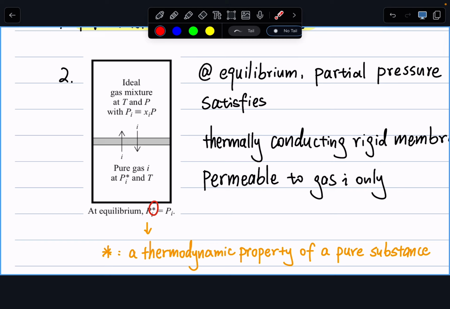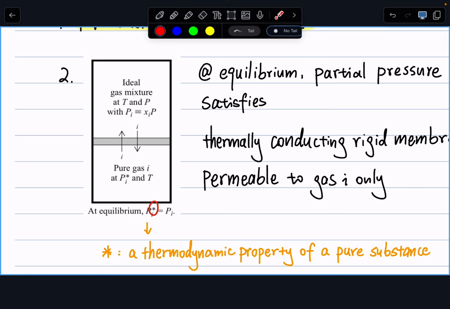And thinking about the process, how does this setup simplify? What do we have from the previous definition? We know the chemical potential as a function of T and P of a pure species.